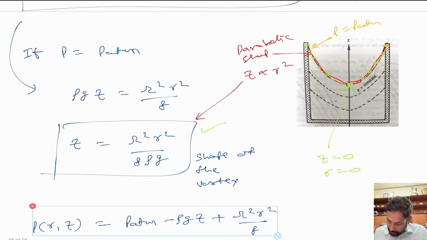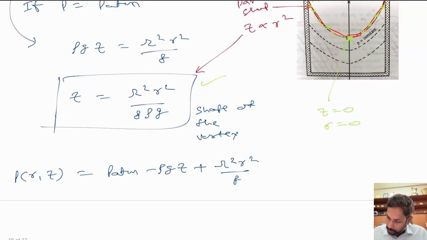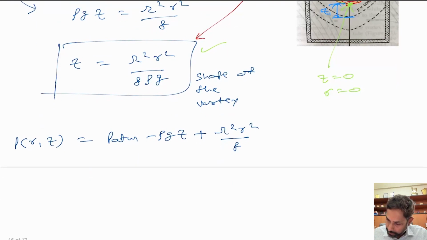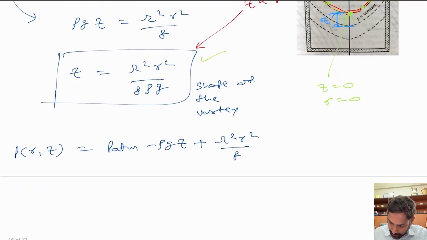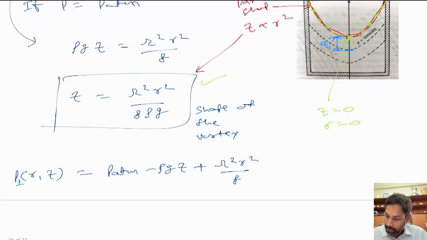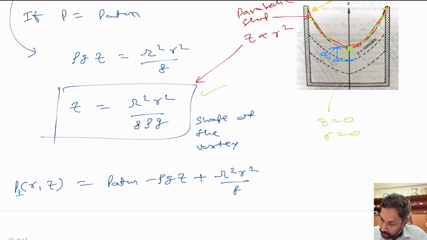And also, based on this equation which we have derived here, this will give you the constant pressure lines. So let's say if you go below a certain z value, let's say this is your z1, and if you want to find, let's say there is pressure p1, that pressure p1 will follow a particular curve that will look something like this. This is pressure p1, this is pressure p2.